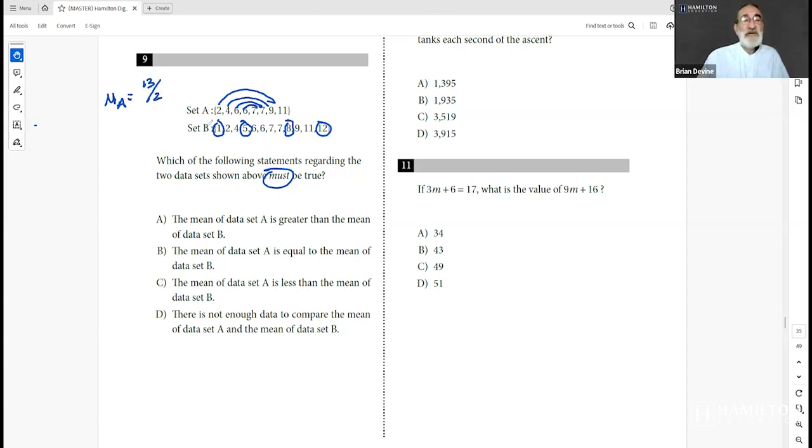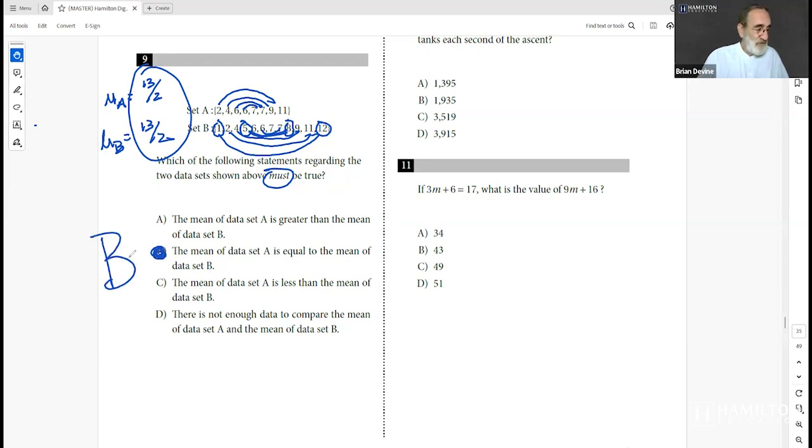And if I look at set B, I've got 13 plus 13 plus 13 plus 13 plus 13 plus 13, and that's divided by 12. So the mean of B equals 13 halves. They're the same. So the mean of A equals the mean of B. So B is the correct answer.